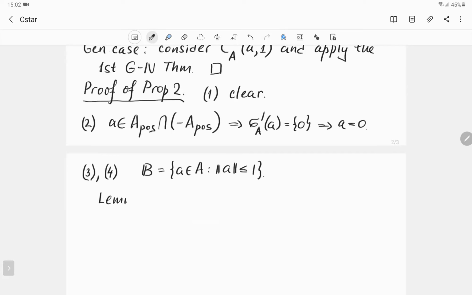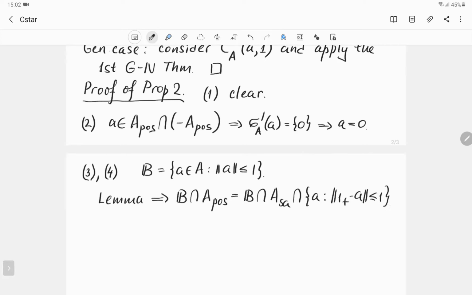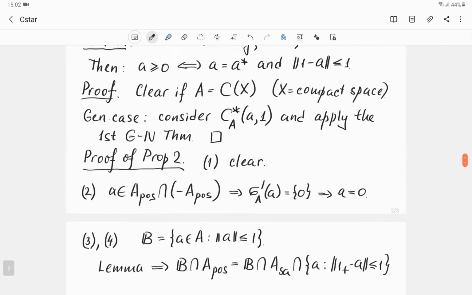Then our lemma implies the following equality. So this equality is just an equivalent form of our lemma.